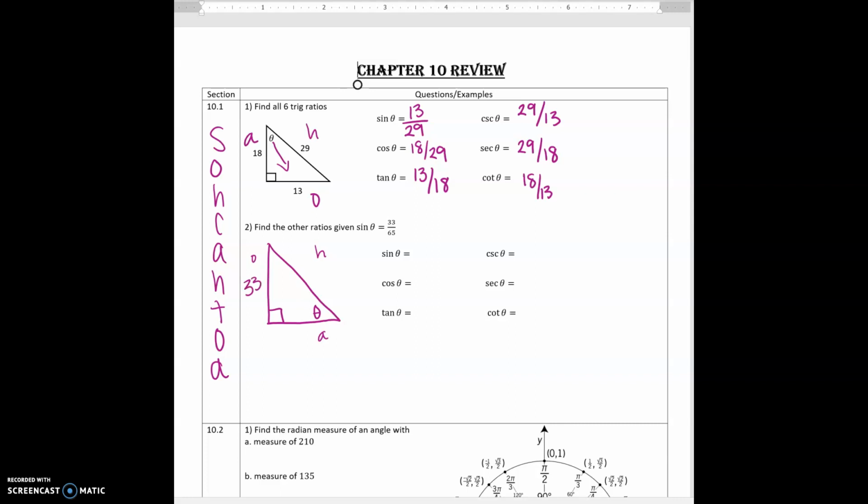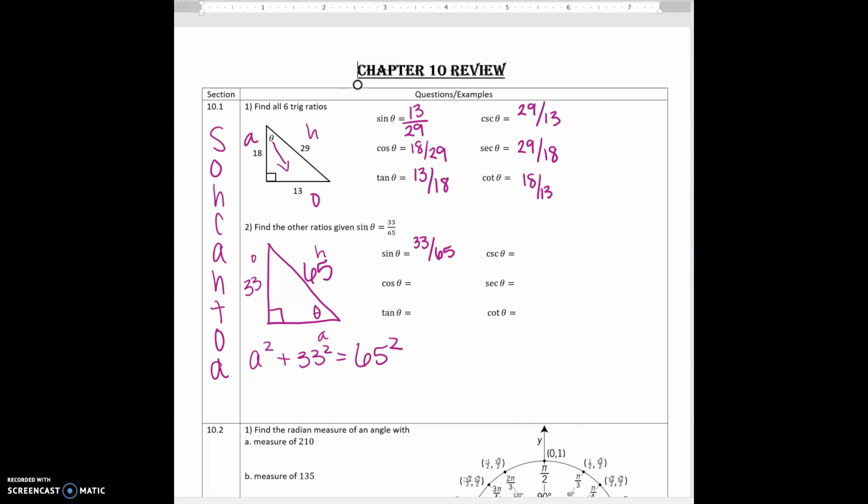My hypotenuse is 65. And we can go ahead and fill in this one because it's given to us. And in order to write cosine and tangent, we need to know what the adjacent side is. So we're going to use the Pythagorean theorem. So this side squared plus this side squared is going to equal our hypotenuse squared.